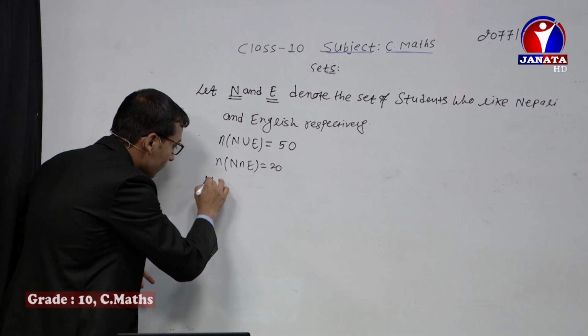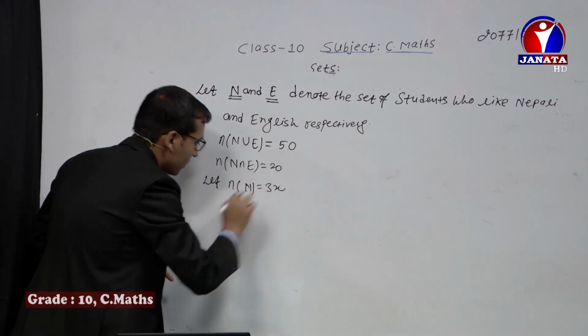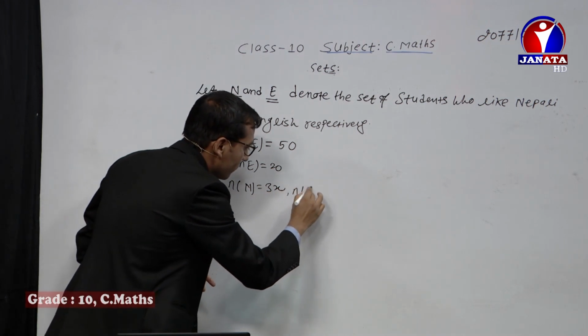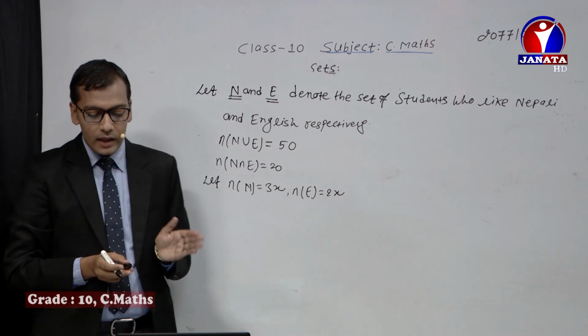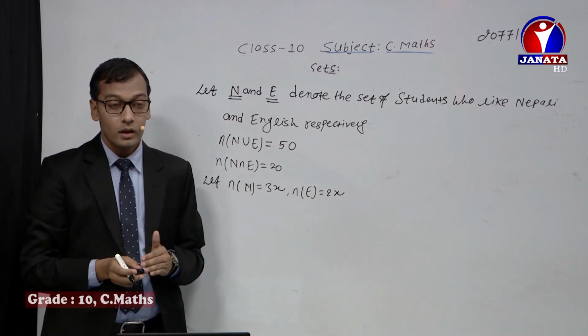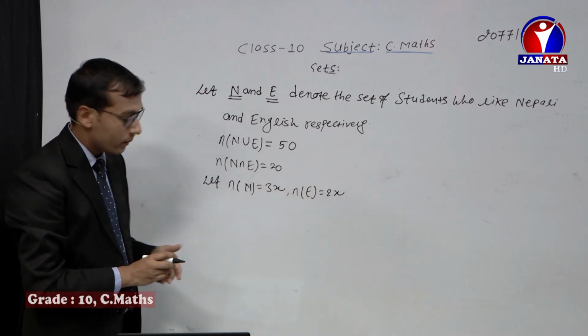So let's suppose n(Nepali) is 3x and n(English) is 2x. Nepali to English is 3:2, so Nepali is 3x and English is 2x.